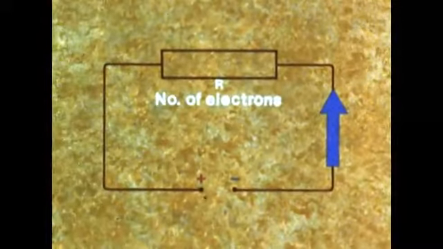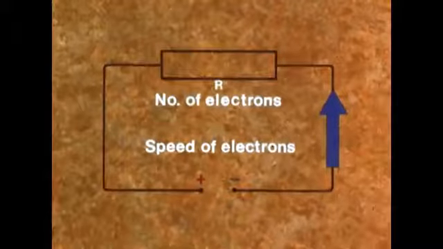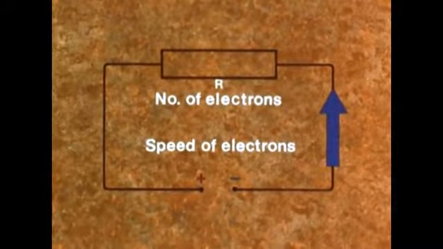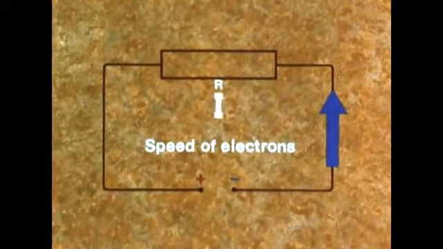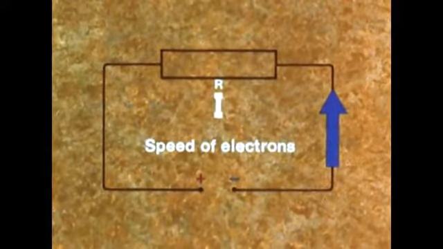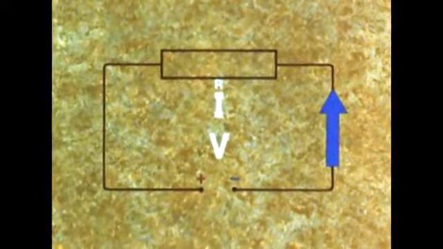In an electric circuit, the power, the rate at which work is done, depends on the number of electrons moved and the speed at which they travel. But the number of electrons moved is the current flowing in amps, I. And the speed at which they travel depends on the voltage, V, driving them around.